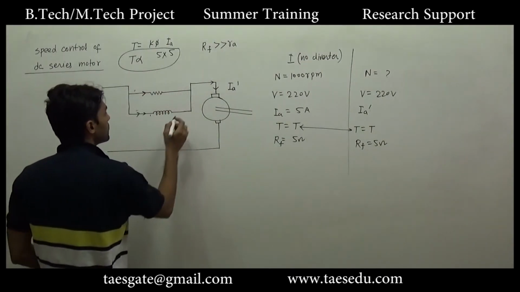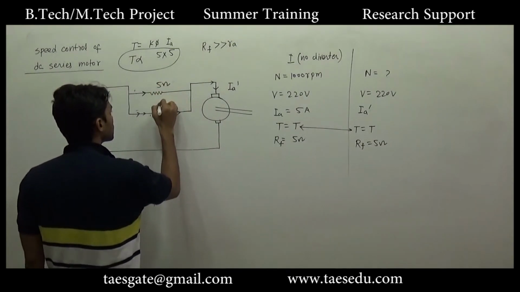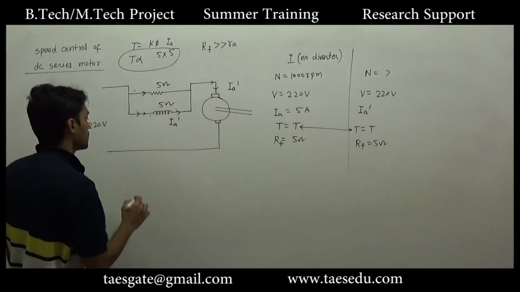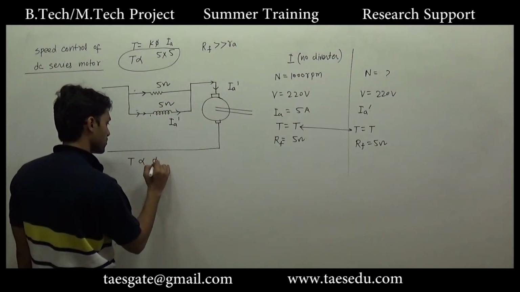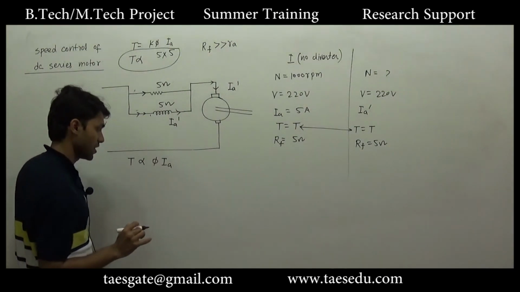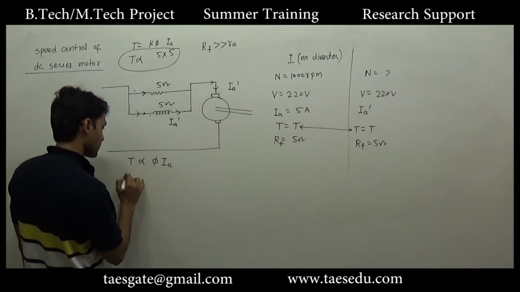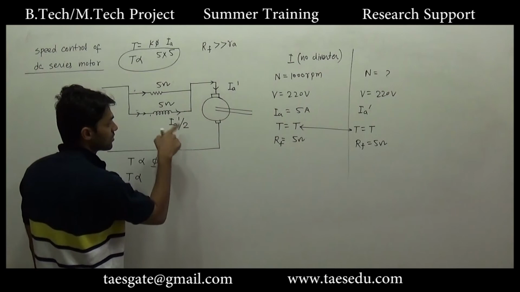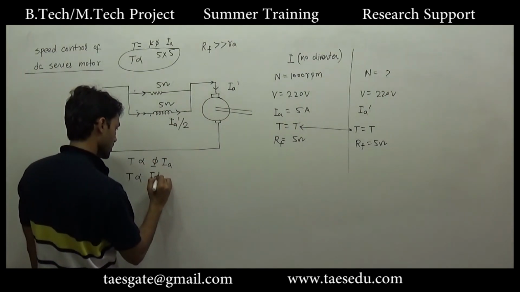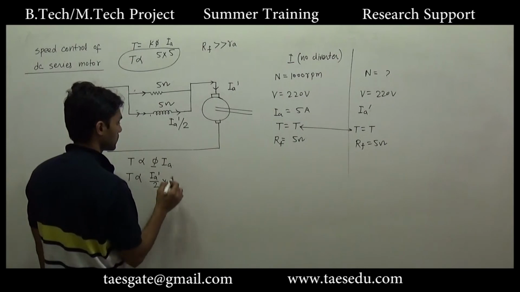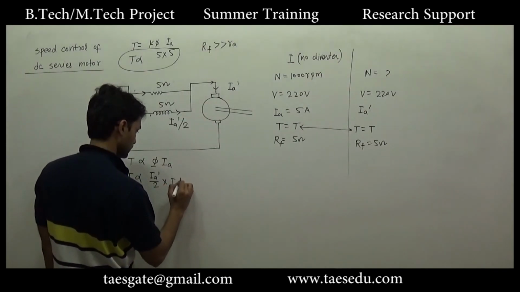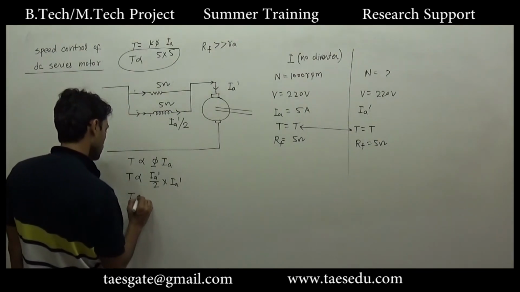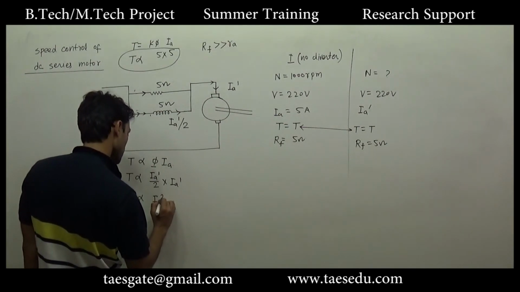So what will be the current in the field winding? This is 5, this is 5. Current will be equally divided. Now we will write torque is directly proportional to phi into armature current. We are neglecting saturation. So torque will be directly proportional to phi, which is due to Ia dash by 2, into armature current Ia dash, and the previous torque is directly proportional to the previous current, Ia square.